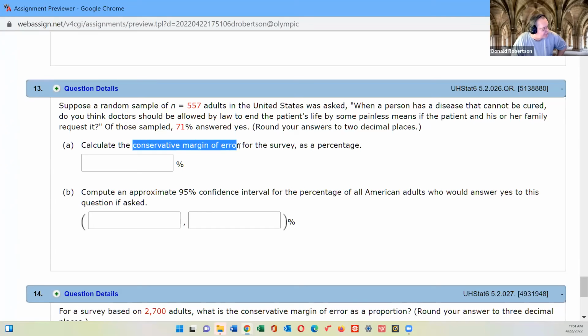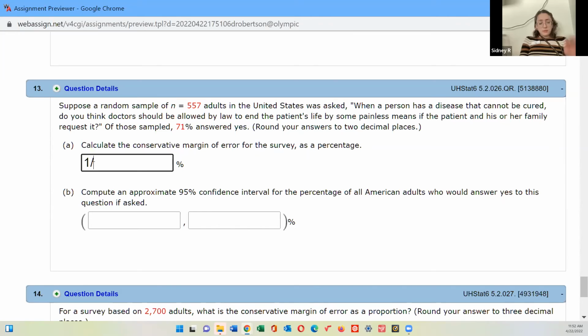Calculate the conservative margin of error. Now, can you remember the formula? 1 over what? Conservative. Square root. Okay, so 1 over the square root of 557. I'm just putting in the calculation, and all you would put in is what that is.